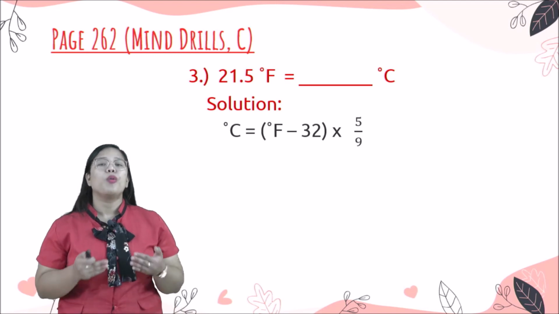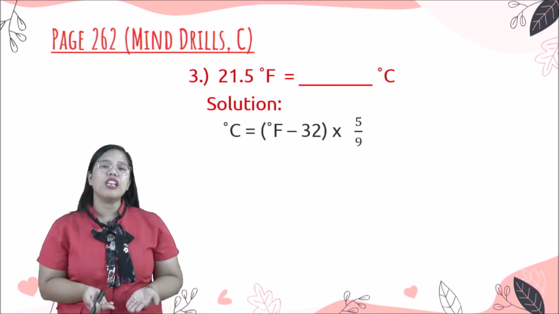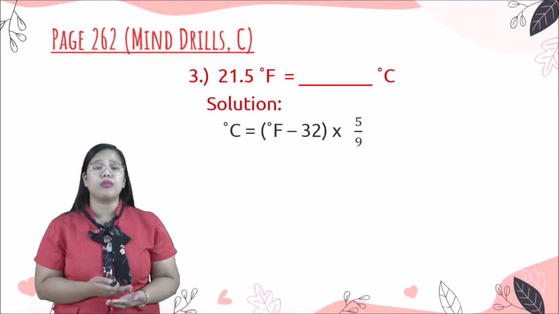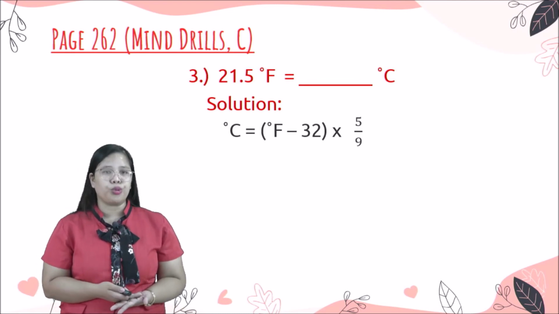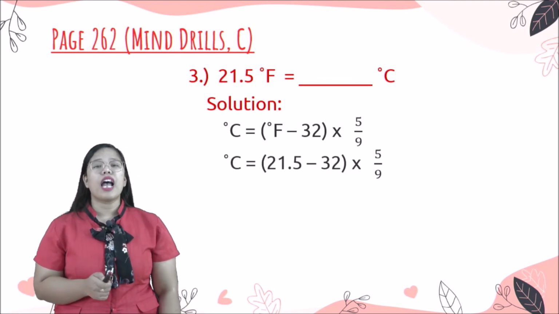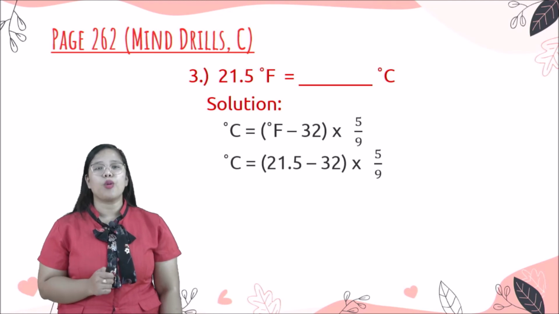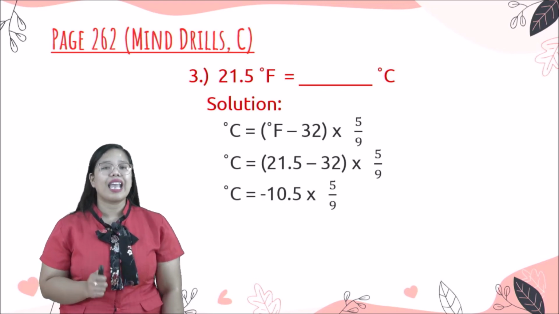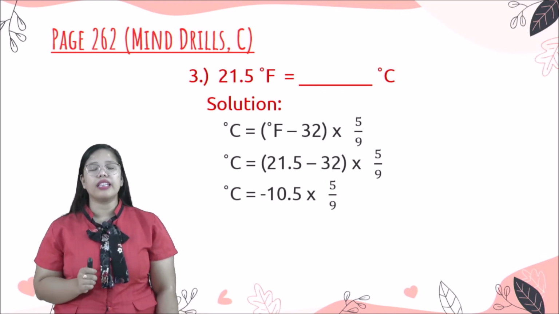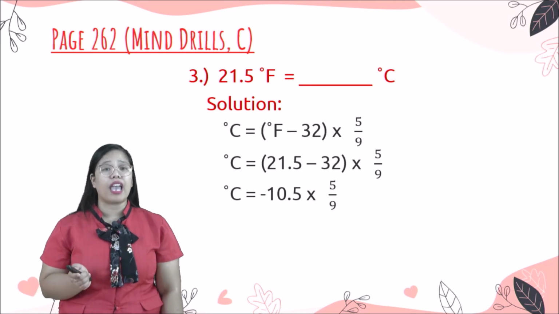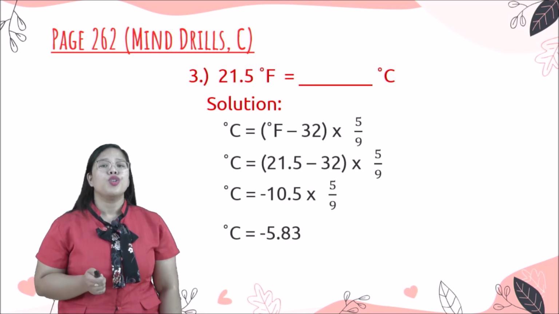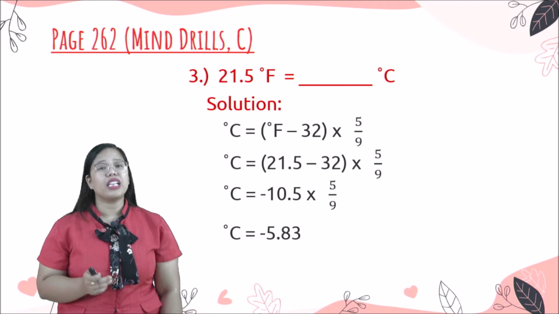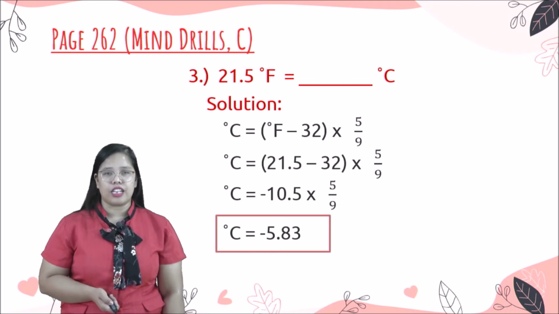Again, kids, we need to substitute first the value of degrees Fahrenheit and then subtract 32. The value of degrees Fahrenheit is 21.5. So we will subtract this by 32, and the answer will be negative 10.5. And then we will multiply by 5 and divide by 9. So the answer will become negative 5.83.